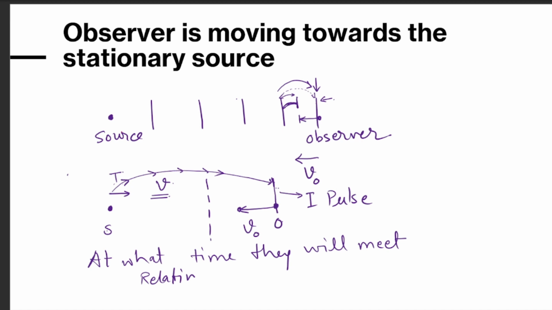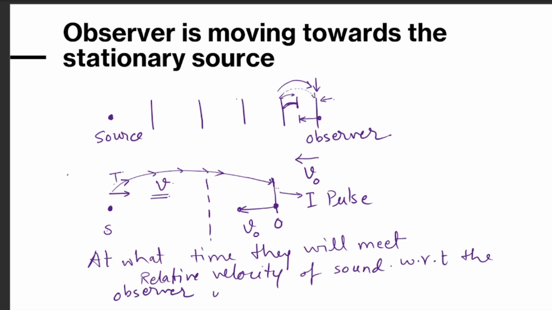relative velocity of sound with respect to the observer would be v plus v naught.